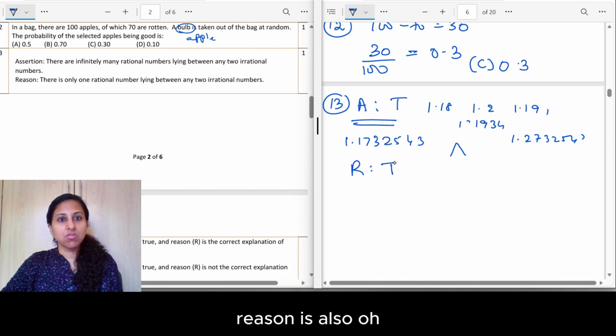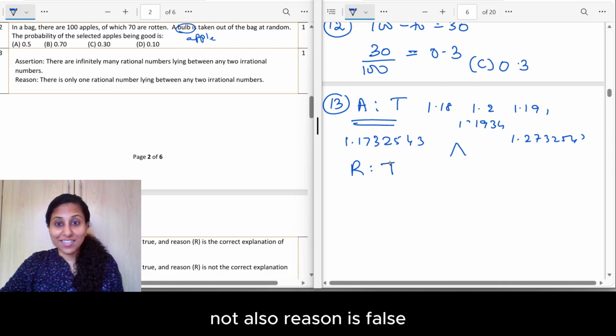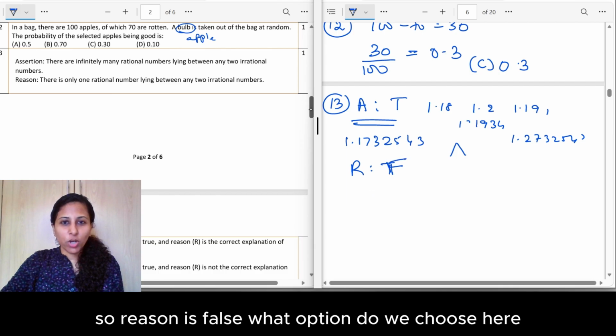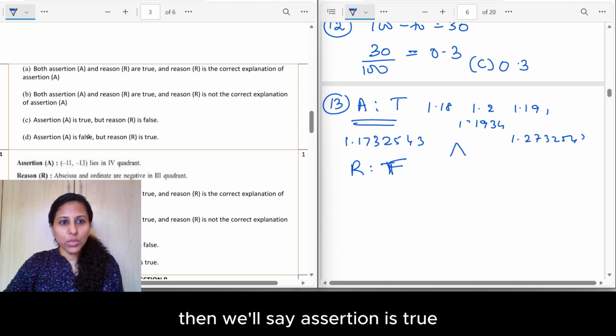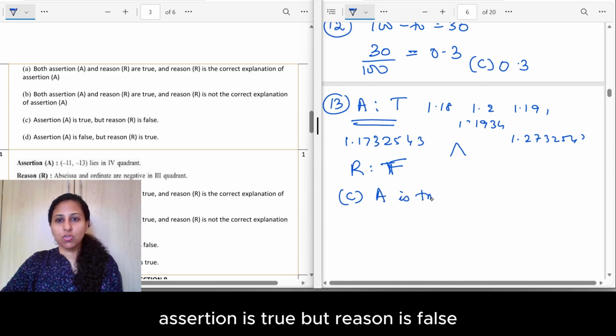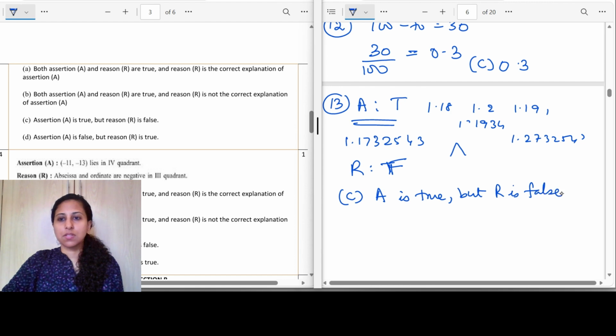Reason is false, as we saw. Reason was the opposite of the assertion. So reason is false. What option do we choose here then? We'll say assertion is true, but reason is false. So option C, assertion is true, but reason is false.